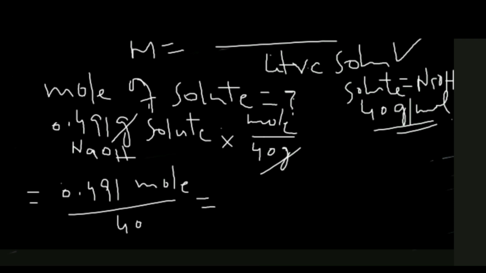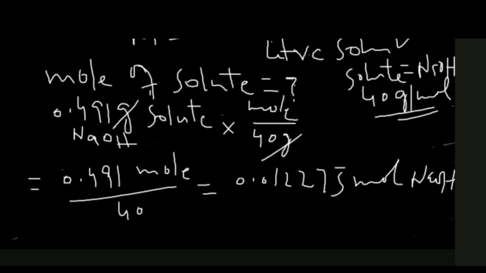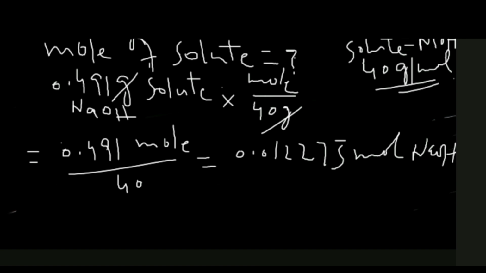If we divide 0.491 by 40, we get 0.012275 mole of NaOH. So we have determined the moles of NaOH.